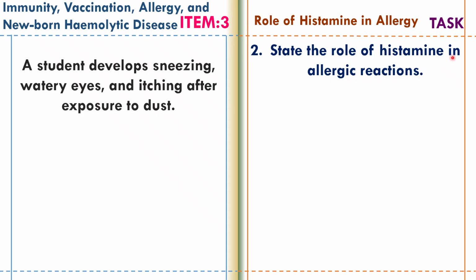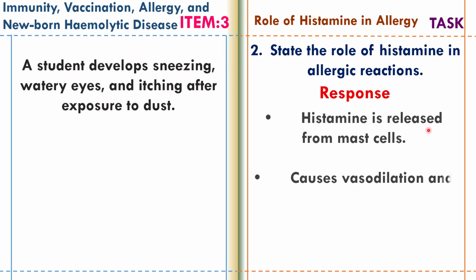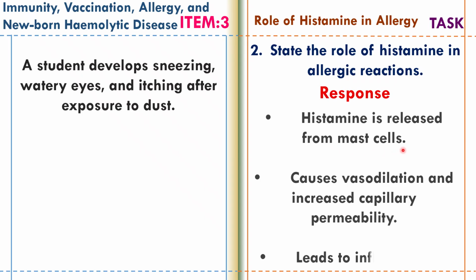State the role of histamine in allergic reactions. Histamine is released from mast cells, causes vasodilation and increased capillary permeability. This leads to inflammation.